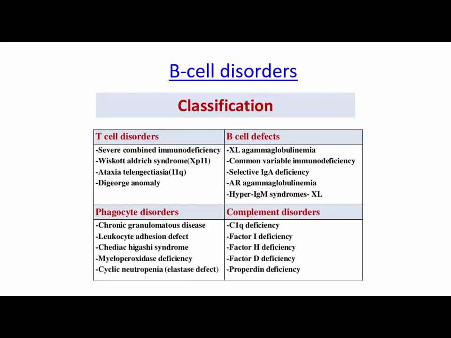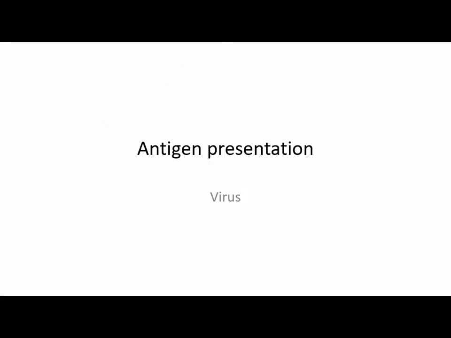Okay, and of course we have B cell defects here, but we also have to appreciate that if you have a T cell defect, by default you won't be able to sufficiently activate B cells. Okay, folks, so that's gene rearrangement. That is how we create a diverse repertoire of B cell receptor genes.